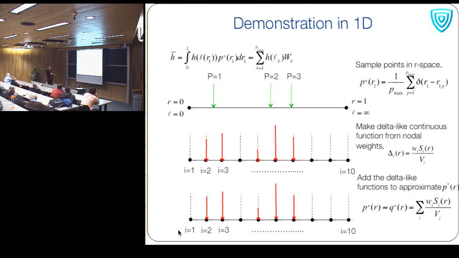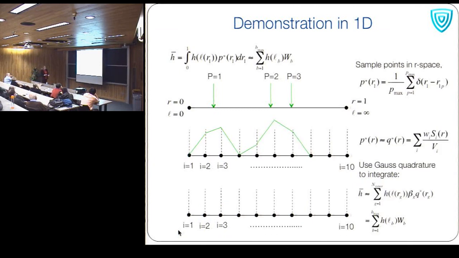And then the next step is to take those nodal values and put a delta-like function there, basically a shape function. And then we can add all of those together. What we're saying is this green function is an approximation to these three delta functions. It looks awful because I only had 3 samples to start with, and that was so simple. But I just want you to see the basic concept.